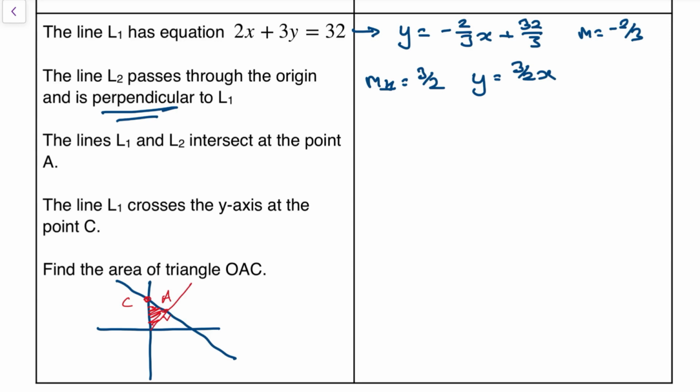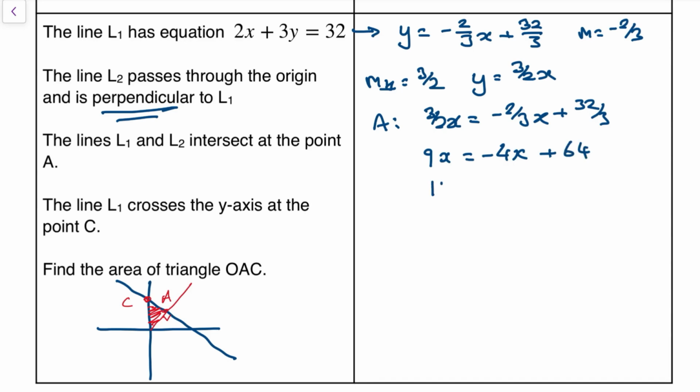So far, so good. Then I need to find out A, which is where 3 over 2 x is equal to minus 2/3 x plus 32 over 3, multiplied by the lowest common multiple of 2 and 3, which is 6. And that tells me that 6 divided by 2 is 3, so 3 times 3 is 9x, 6 divided by 3 is 2, so that's minus 4x, and 6 divided by 3 is 2, and 32 times 2 is 64.